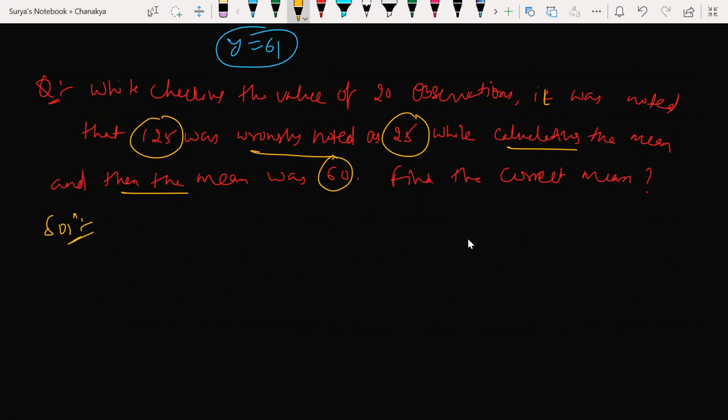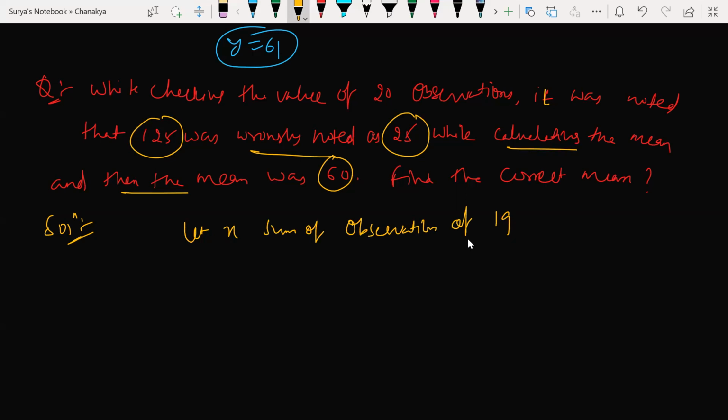Let us take x as the sum of the other 19 observations.